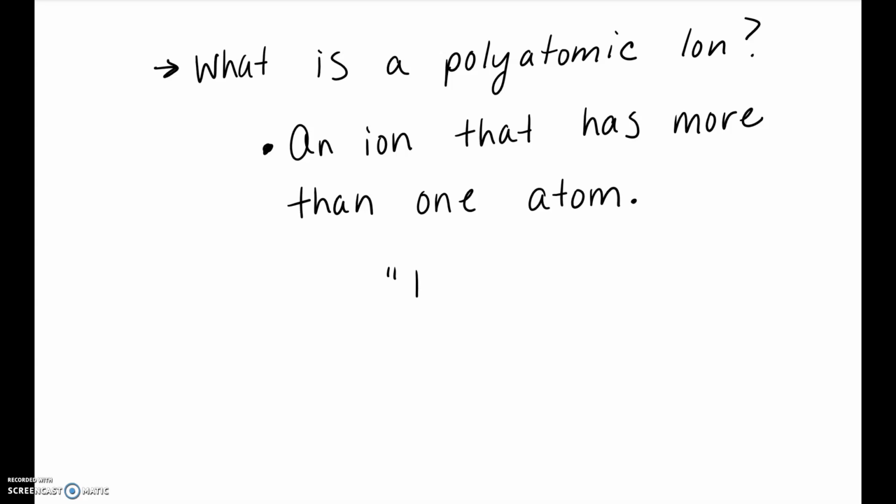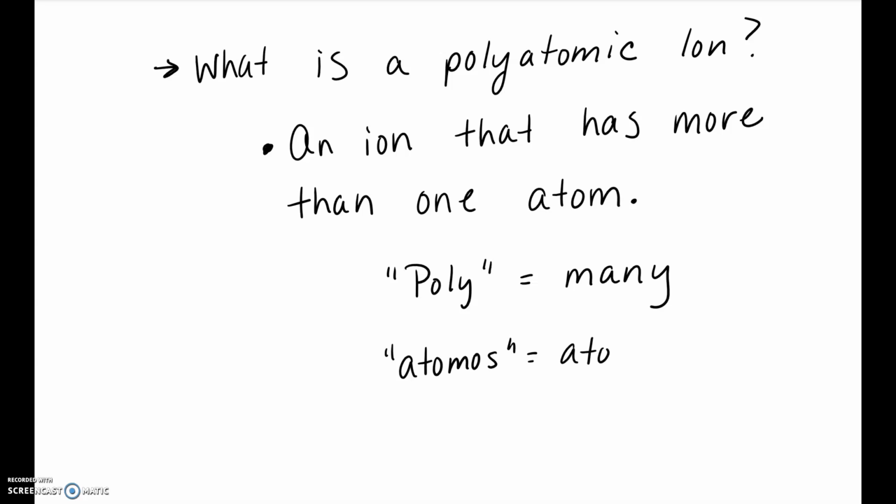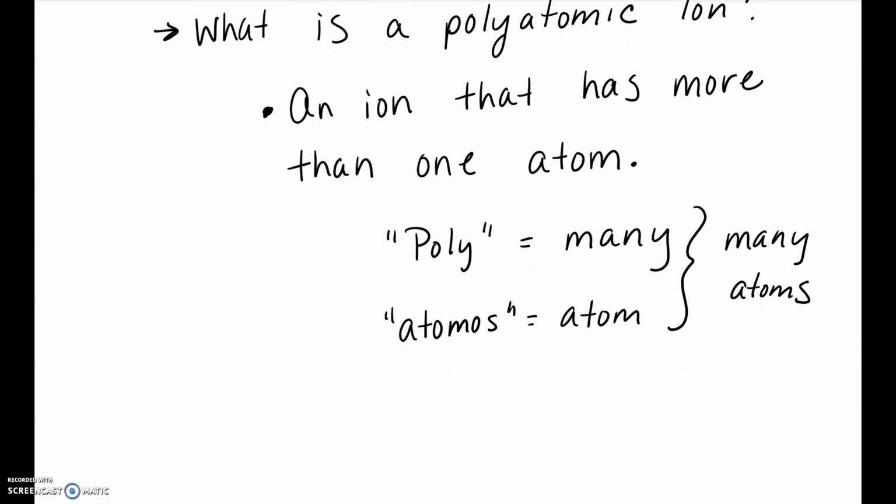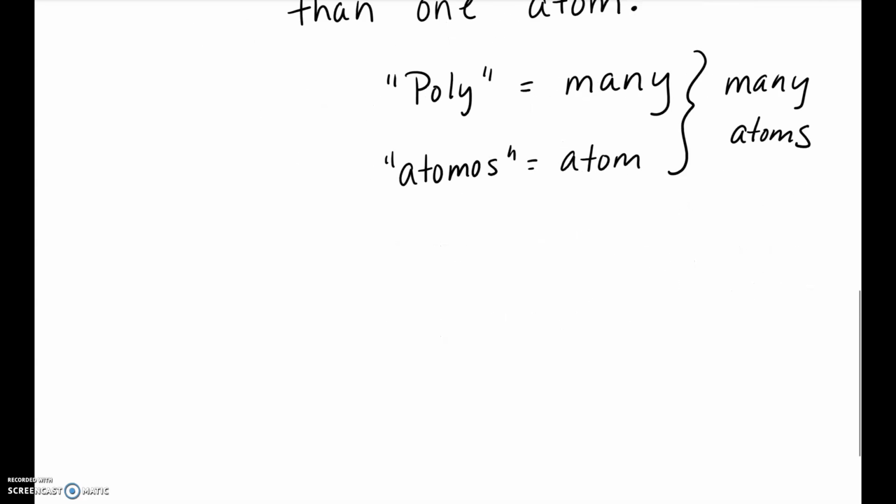If you think about this, the prefix poly means many, and the Greek root atomos means atom, and so when you put them together, it literally means many atoms. So a polyatomic ion is just an ion that has many atoms.